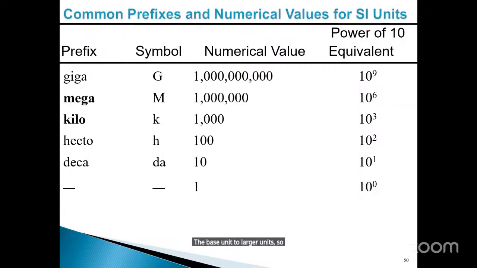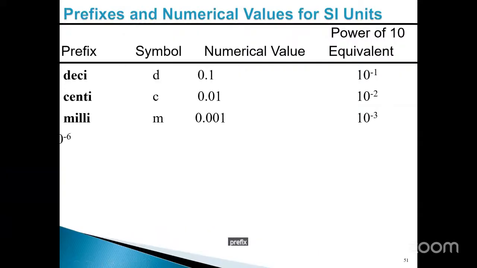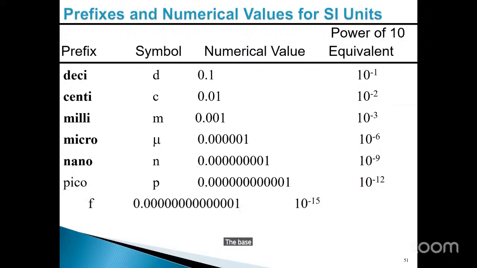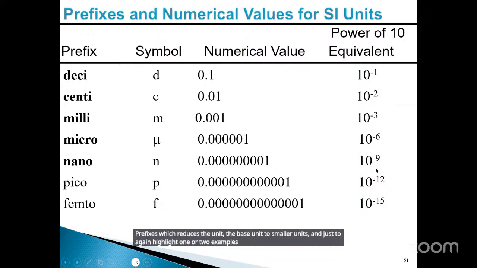Just to highlight 1 or 2 examples, mega is the same thing as 1 million, 10 to the 6, right? Kilo is 1,000, 10 to the 3, and so on. And then you have the smaller prefixes, which reduce the base unit to smaller units. Again, nano means 10 to the minus 9, centi means 10 to the minus 2, and so on.